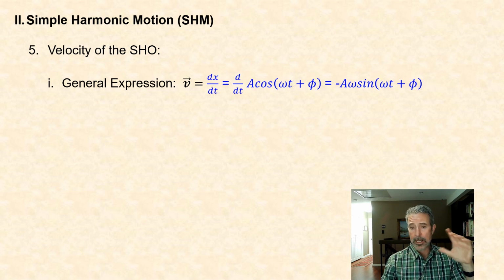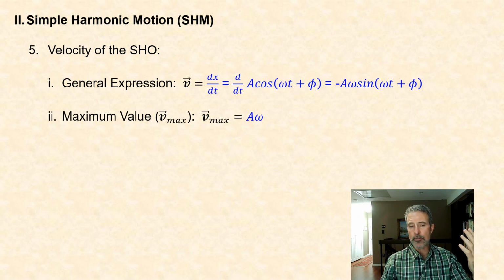So it turns out that by knowing a, omega, and phi, the phase constant, which we'll talk more about in a future slide, we can then find what the position, or now the velocity, of that simple harmonic oscillator is at any time, simply by substituting in the specific value of time t.